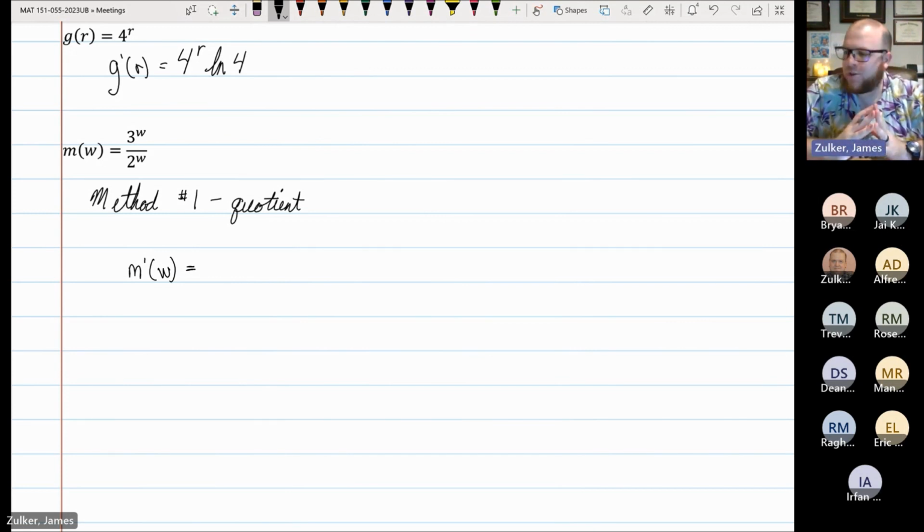Remember what the quotient rule said from Thursday? Take the denominator, multiply it by the derivative of the numerator.